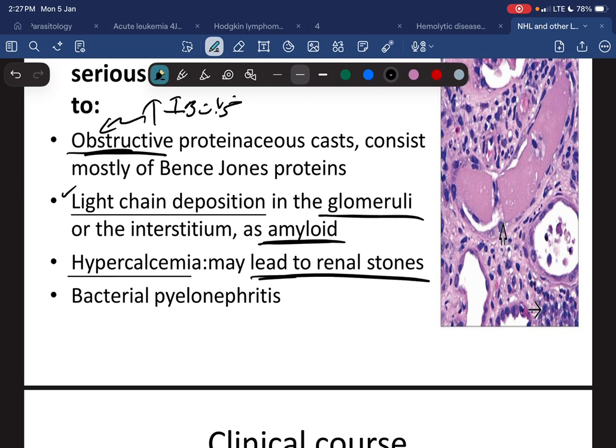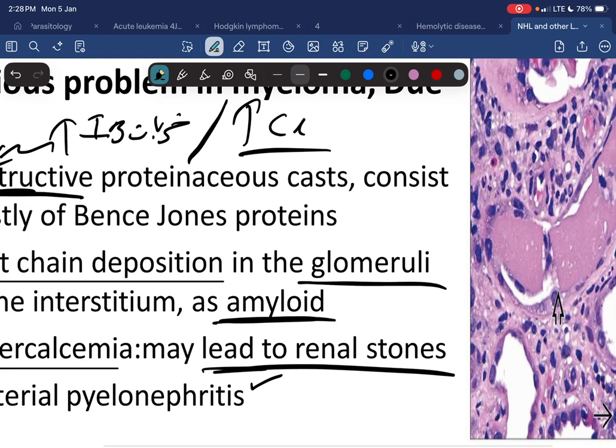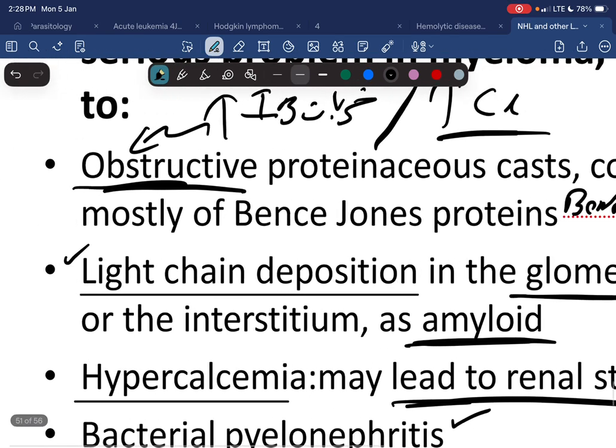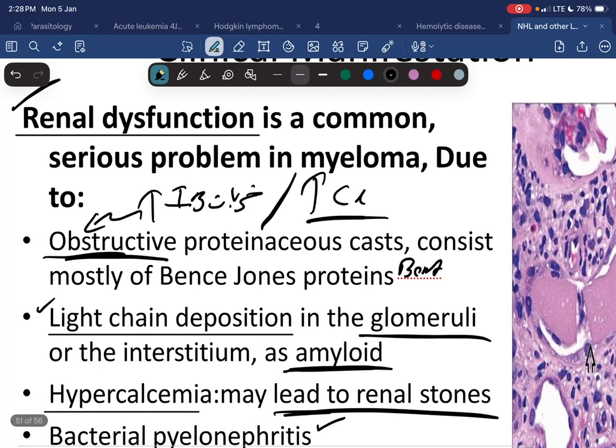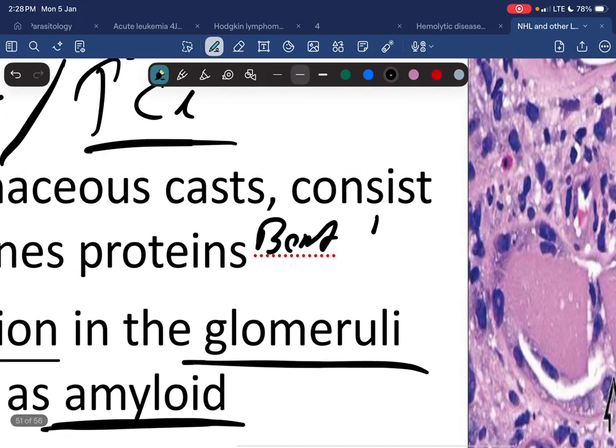Also the light chain proteins, other than obstructing the tubules, may destroy the kidney parenchyma, the interstitium and the tubules. Okay? We may also have amyloid deposition, the abnormal protein deposited and being toxic, leading to renal insufficiency or failure.